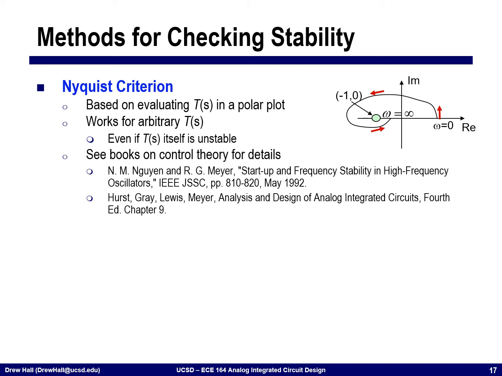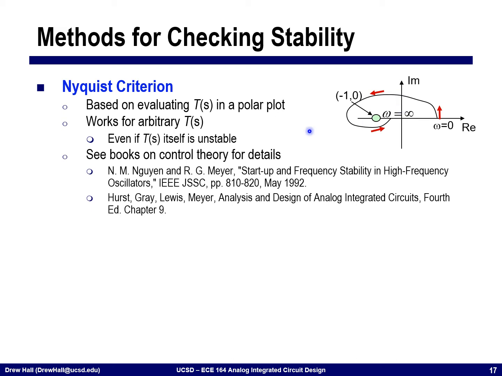And so there's a couple of techniques, one of which is the Nyquist criteria. Nyquist essentially is to evaluate T of S on a polar plot and look at the root locus that's formed as a function of frequency. And so what you can do is that for any T of S, we can determine if it's stable at particular frequencies, okay?